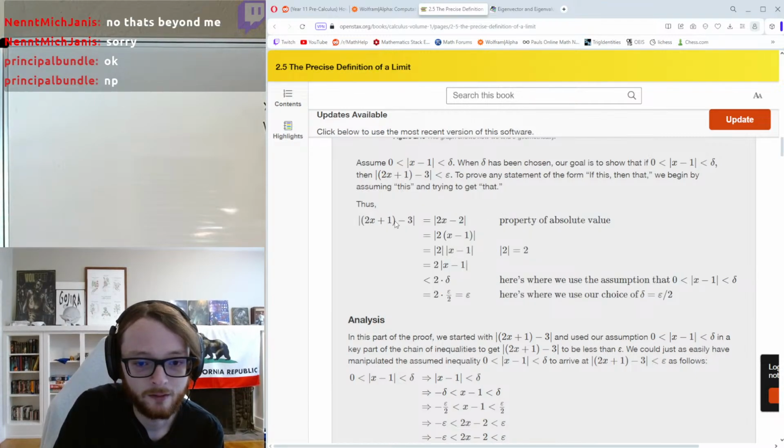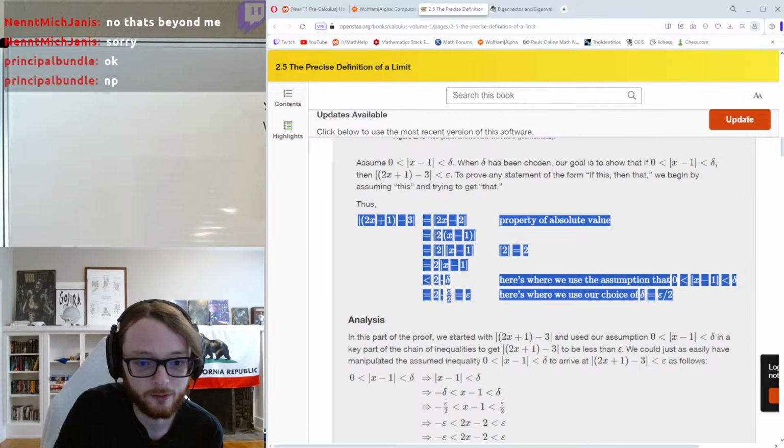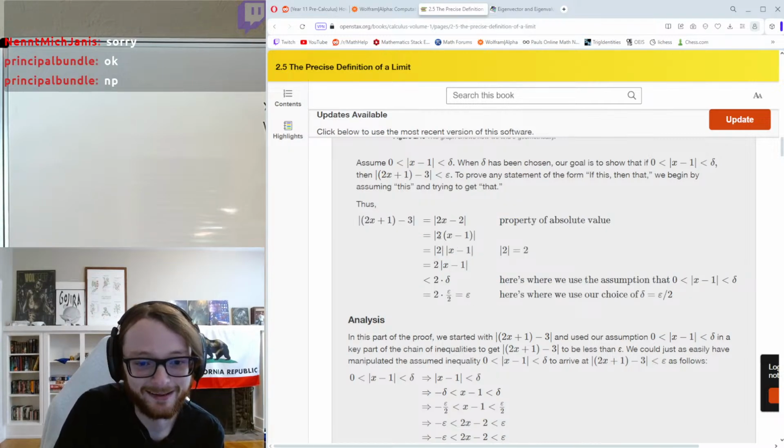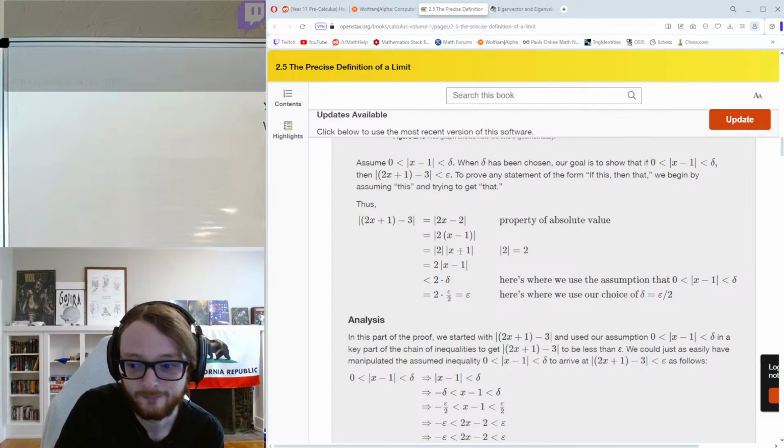Now, are they saying this line is by properties of absolute values, which I don't think it is? But they don't use an absolute value property. Here they use an absolute value property, but regardless, they take the 2 outside the parentheses. They say, hey, we have a 2 times the value of x minus 1, and we know that absolute value of x minus 1 is less than delta by our assumption, so okay. This is a weird way to phrase it, but I don't see why this wouldn't be valid too.